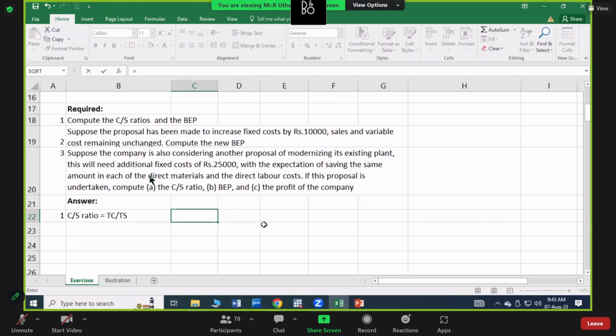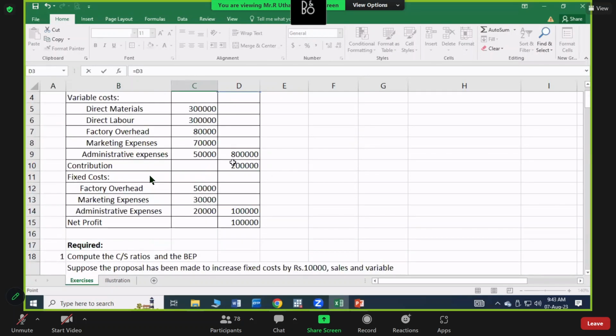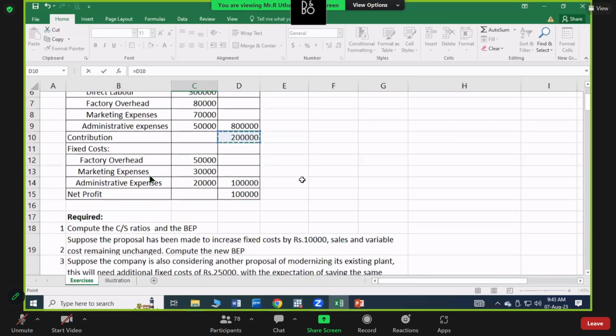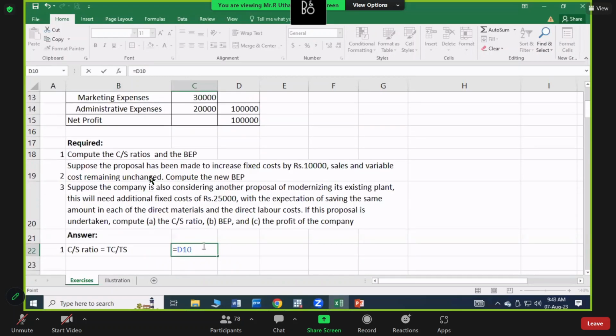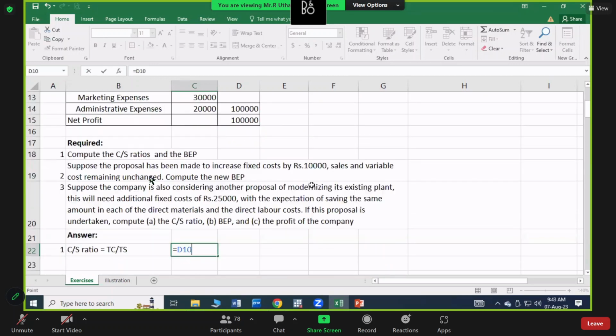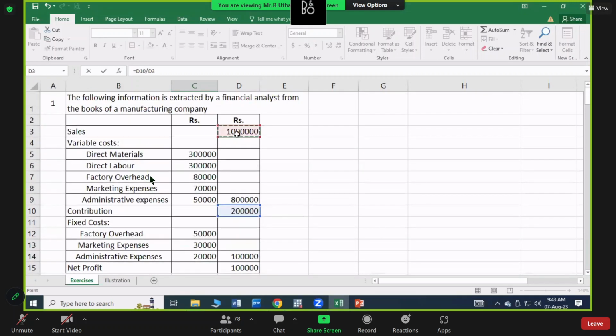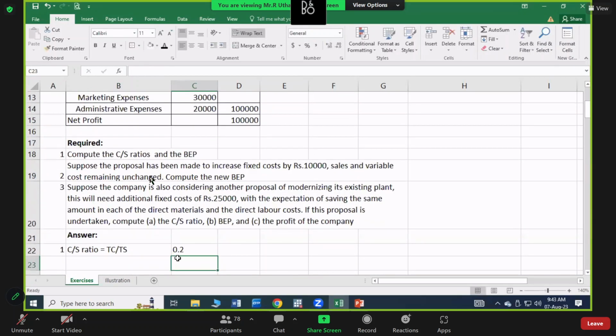So you must apply that answer to this question. The contribution in total terms divided by the sales gives the CS ratio, which is 0.2.